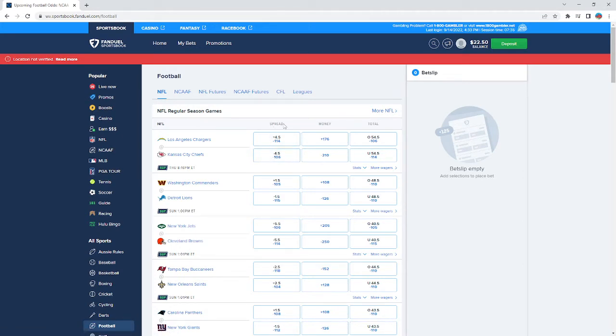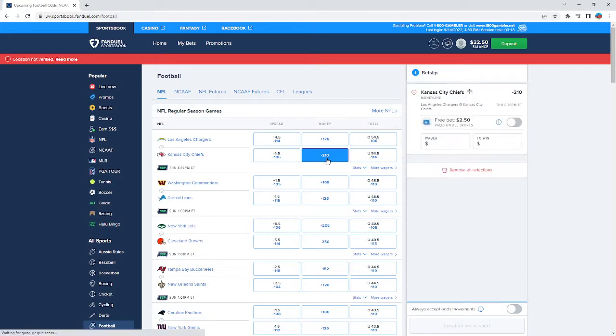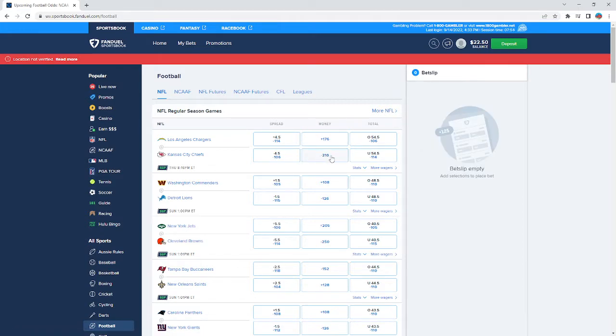To understand the spread, the first thing I would point you to is actually the money line. The money line is probably the easiest of all of these for someone who's completely new to betting to understand. First of all, if it is a minus 210, if you have the minus and then the number, assuming they aren't both minus, in which case it's usually minus 110, minus 115, something like that, and that's often considered a pick 'em.